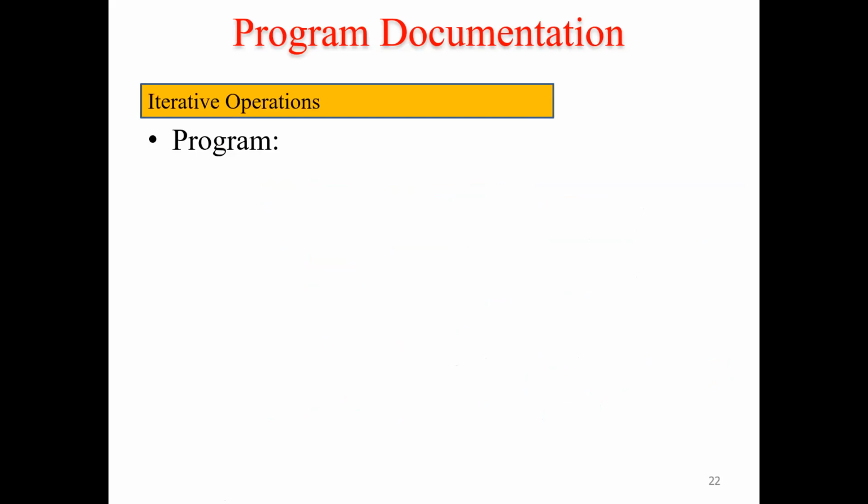So in the MATLAB program, as I said, we will start with the initialization. I will write the comment heading, example of iterative operation. Anything you can write in the comment form.